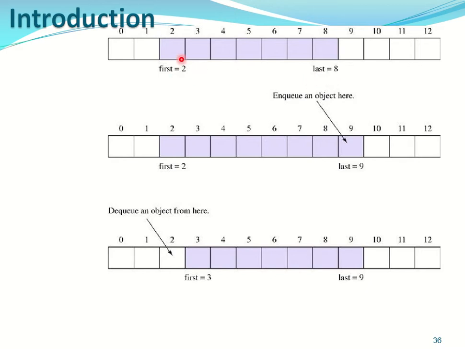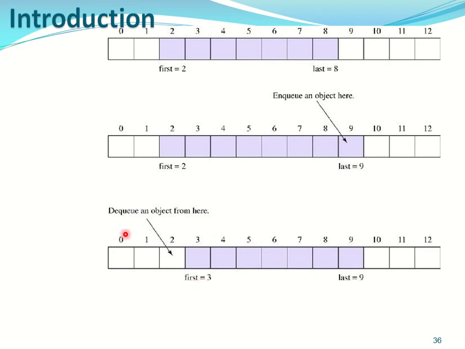You can see here that there are 7 items in the queue. When you enqueue another item into the array, the last will be increased by 1. When you dequeue, you remove from the front and the first value will increase by 1.